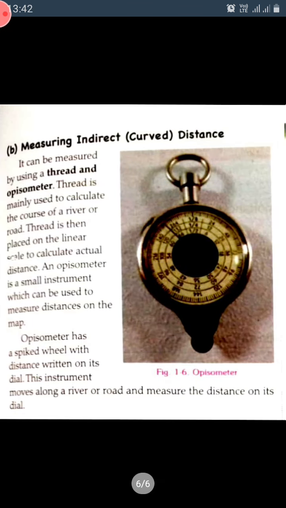Now to measure the indirect or curved distance, which is not straight, there are two methods. We can measure this distance by the thread and the opisometer.